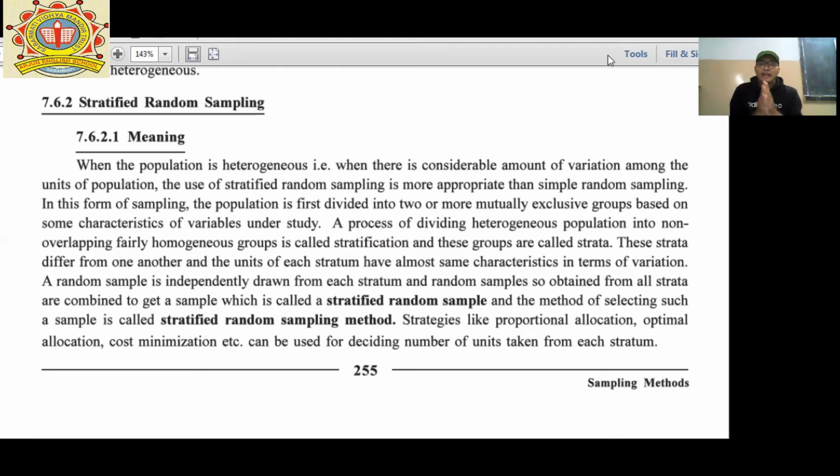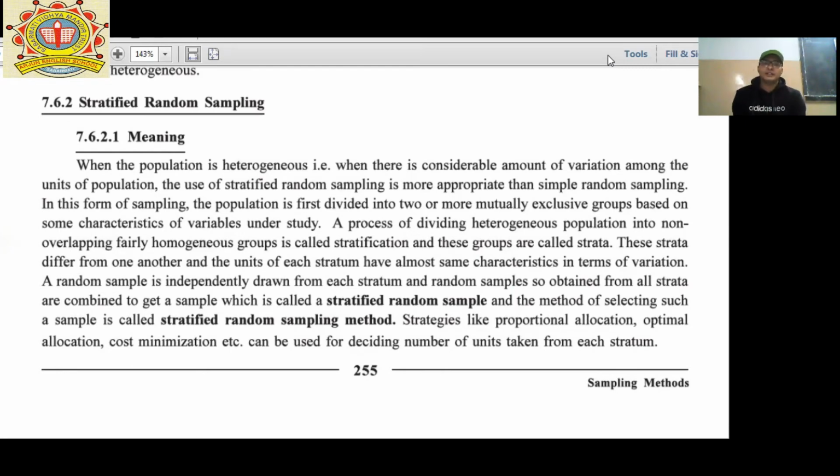We divide the overall population into different common groups, and this process is called stratification, and these groups are called strata.